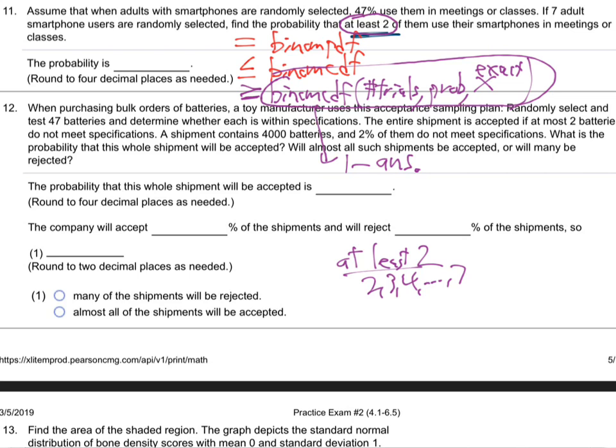What's the opposite of that then? The opposite of 2 or more is 0 or 1 out of the 7 people. So always think about what the opposite is, because this binomial CDF only does less than or equal to directly.